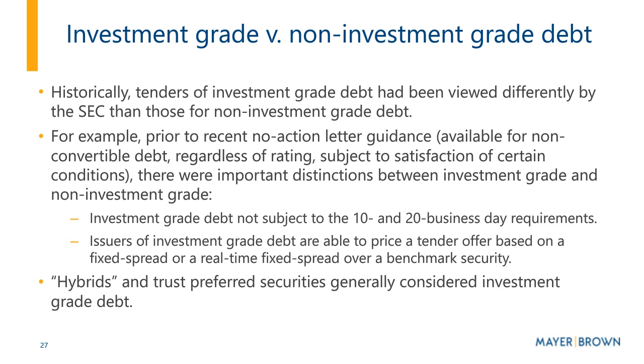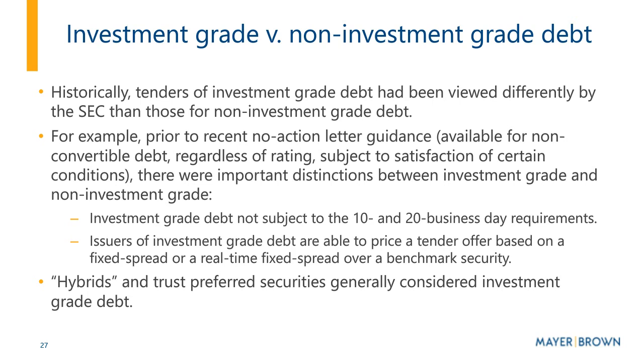Issuers of investment-grade debt were able to price tender offers based on a fixed spread or even real-time fixed spread over benchmark security. Hybrids and trust preferred securities are generally considered investment-grade debt, notwithstanding the fact that they may actually be called preferred securities and may have some equity attributes to them.